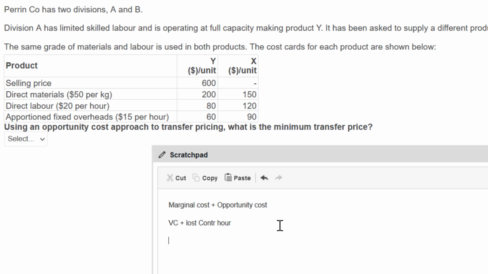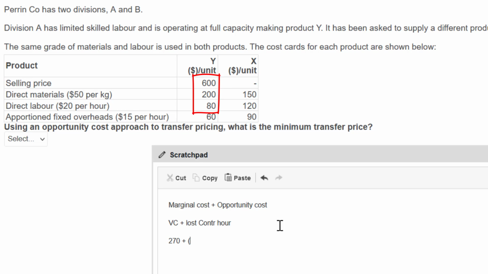So the variable cost of making an X, that's easy, that's mental math. That's 270. Okay? And let's get the contribution of making a Y. That's going to be 600 minus 200 minus 80.